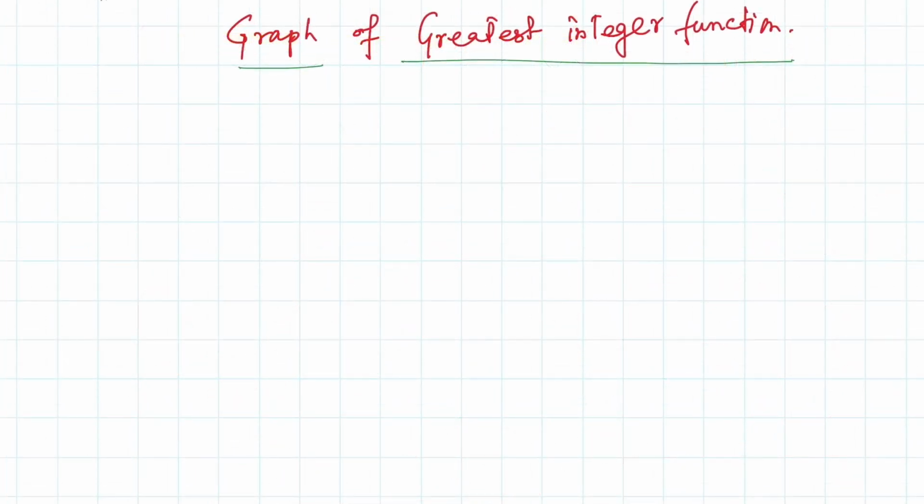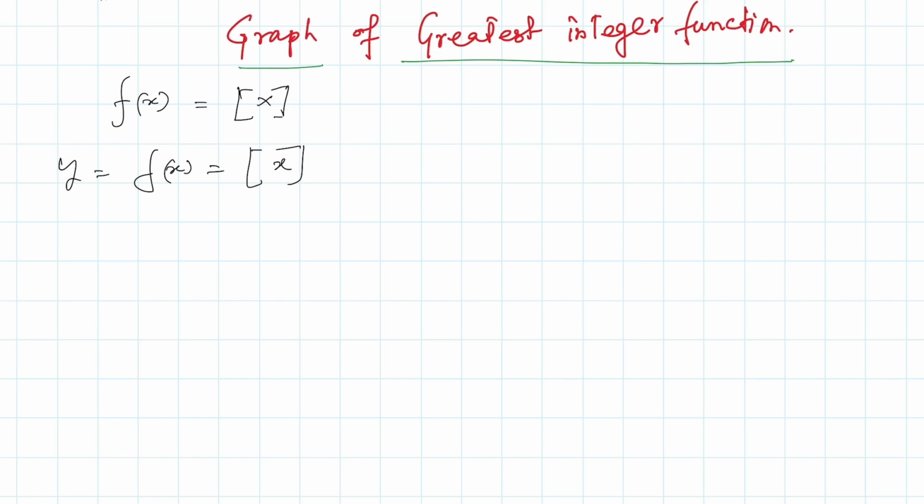Now let me show you how to draw the graph of the greatest integer function. If f of x is this, let us consider y is equal to f of x, which is x within square brackets, representing the greatest integer function.